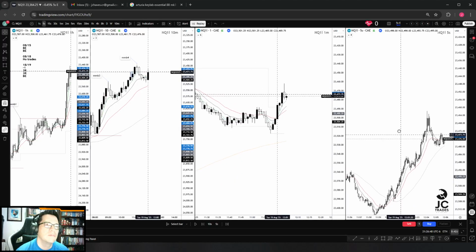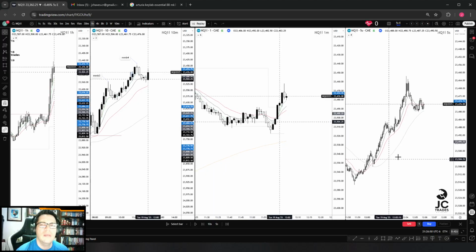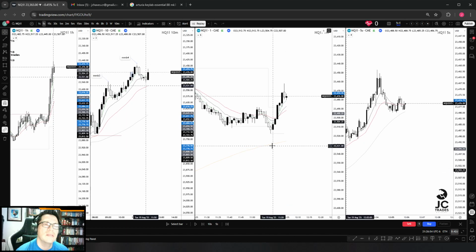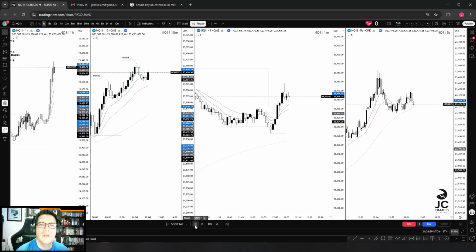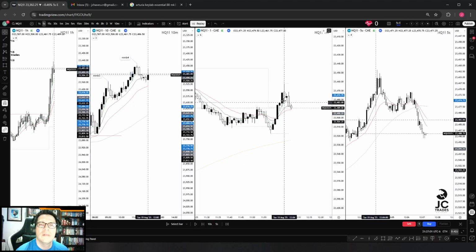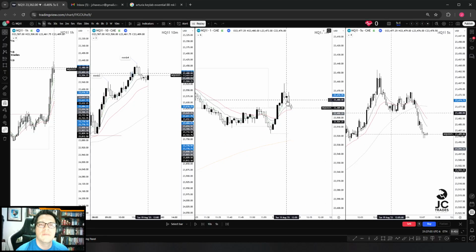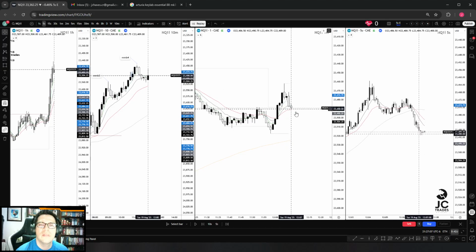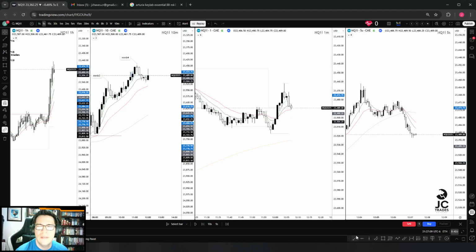So let's see if we get some nice flush there, which would be in this case an MMB1. So we are still, at this time we were still above the 20, now we're above the 5, now we get a flush down through the 10 and right now at the 20.